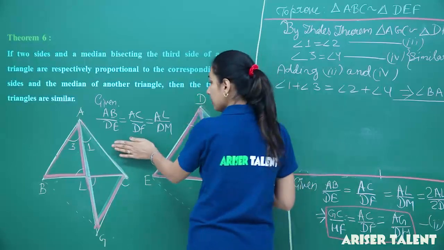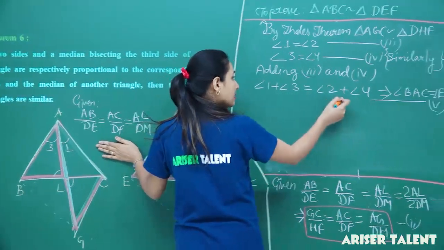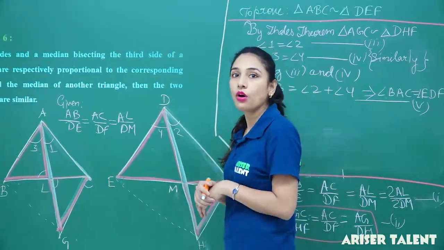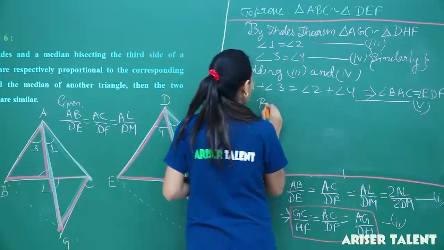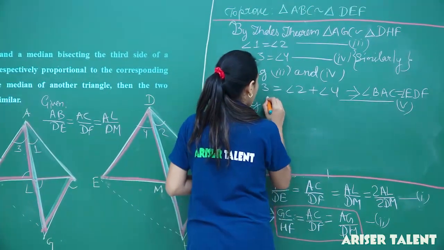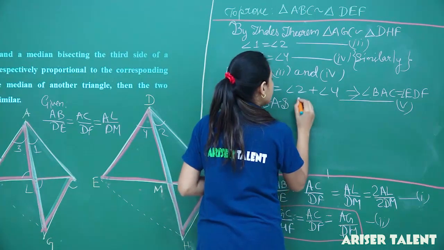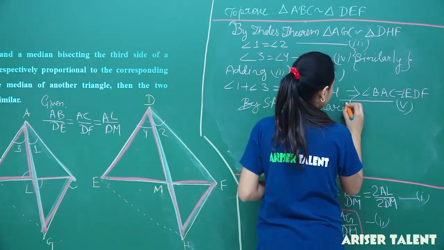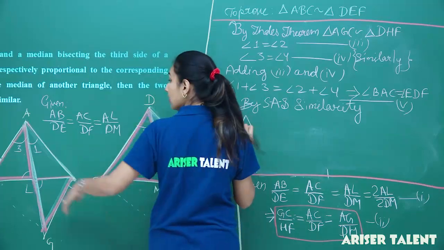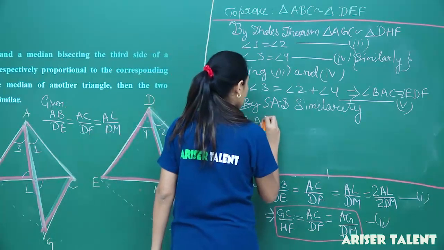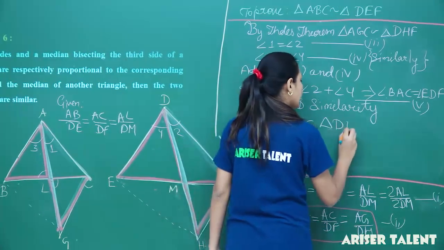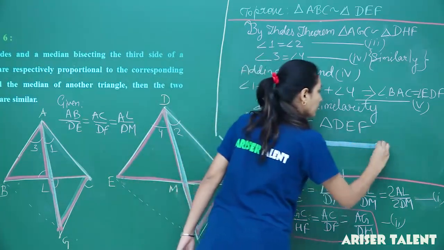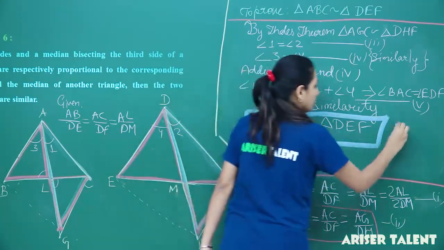So by this given equation and by this angle BAC and EDF, we can say that by side angle side similarity, triangle ABC is similar to triangle DEF, right, students? Hence proved.